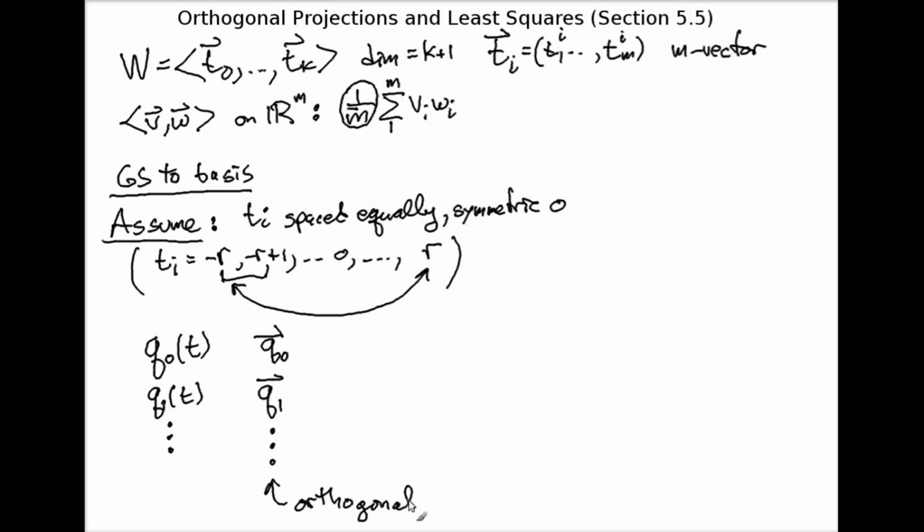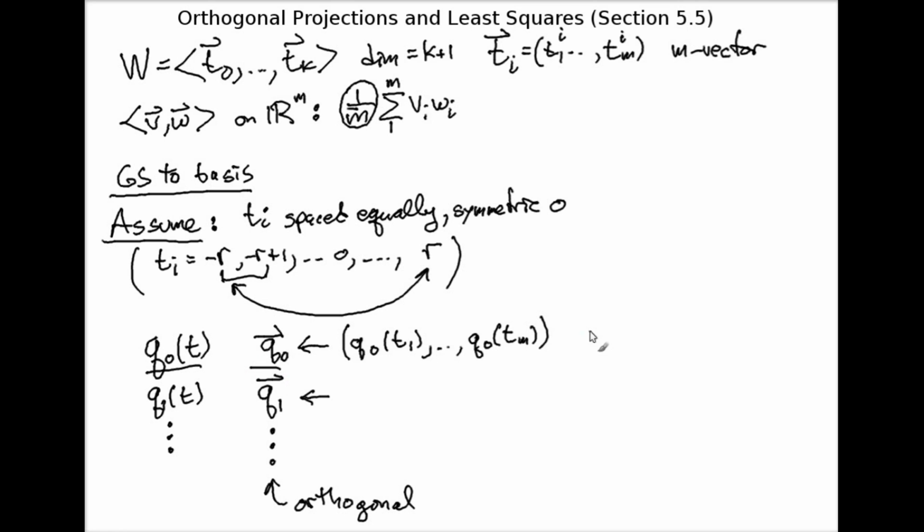The way you're going to get the vector q0 is you're going to take the polynomial q0 and evaluate it at t1 through tm. And similarly for each of these. So there's sort of two things going on here. There's the polynomials and there's the vectors, and you can go back and forth between them.